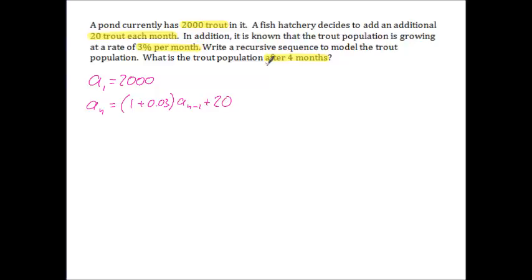And now we need to find the population after 4 months. So we need to find a sub 2, a sub 3, and a sub 4. A sub 2 is 1 plus 0.03, a sub 1 plus 20, which is 1.03 times 2000 plus 20, or in other words, 2080.